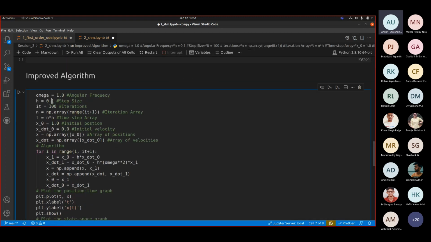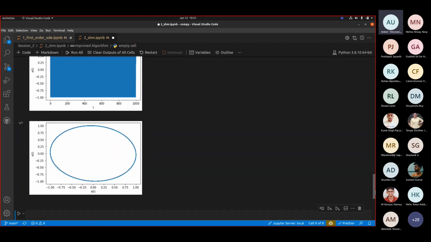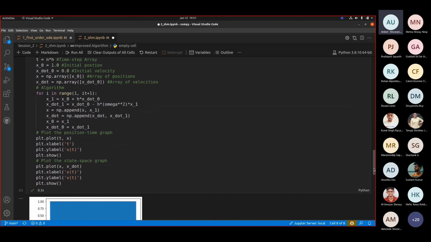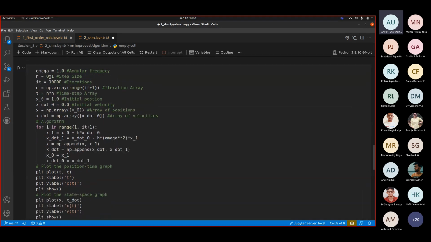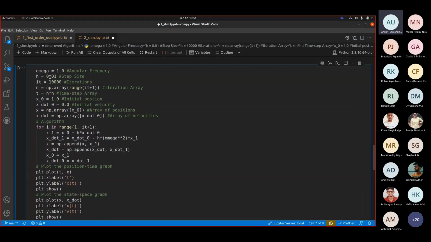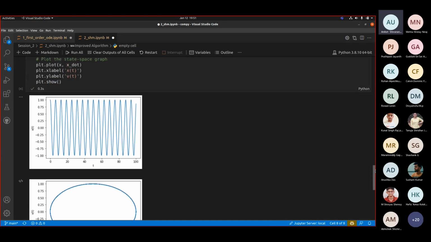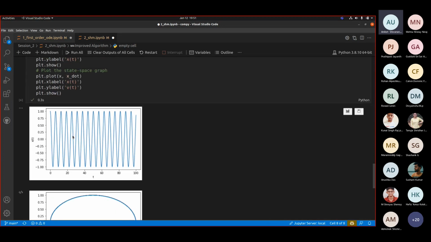What if I increase the time step? If I increase the number of iterations. Oh, that's too many iterations considering the time step. Wait, let me increase the time step. Okay, yeah, now you can see the system is static.